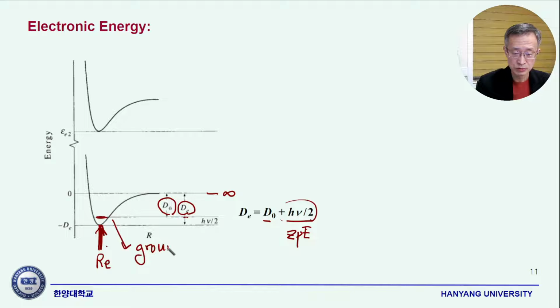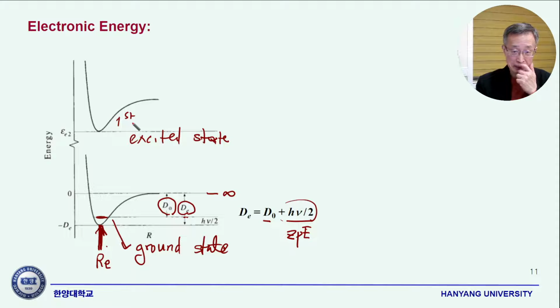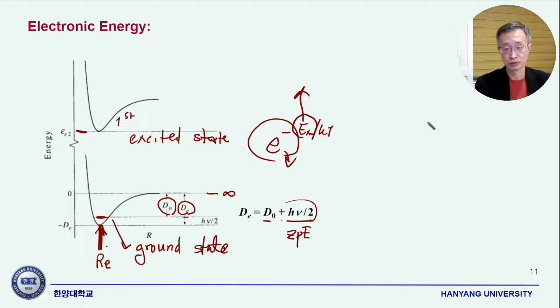So this is the lowest electronic energy state, the ground state. Anything above it is excited. If this is the first one, that is the first excited state. The claim here is that the excited state energy is so large that it doesn't need to be counted, because you see the exponential term of this excited state energy over kT is so small, so we don't need to count it.